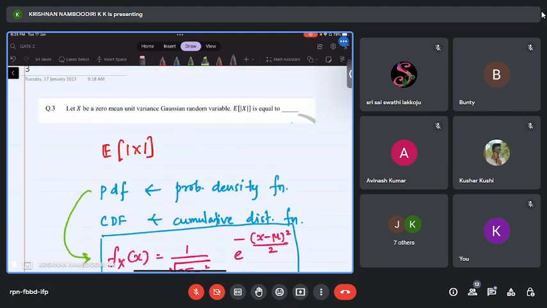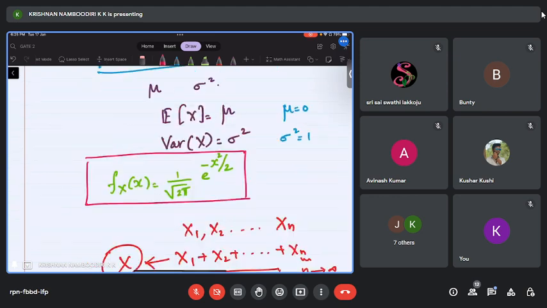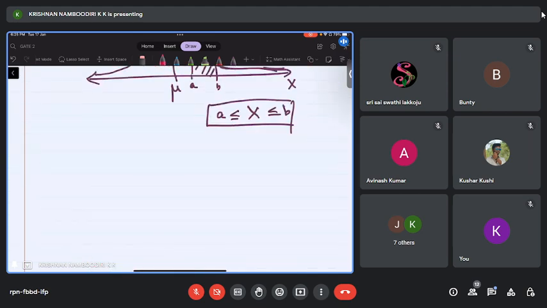It's asked to find out this particular expectation of the magnitude of x. Suppose x is some random variable and g of x is a function of that random variable. X has a PDF f of x.